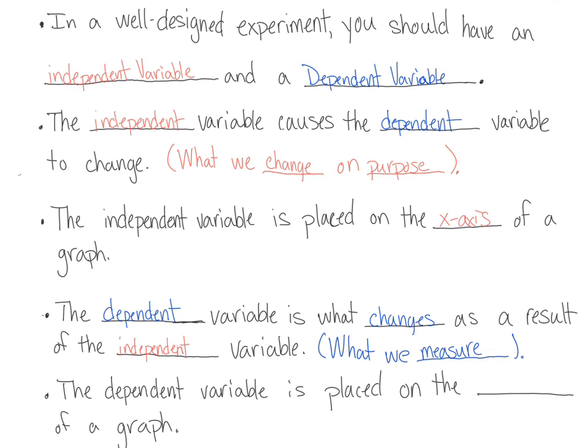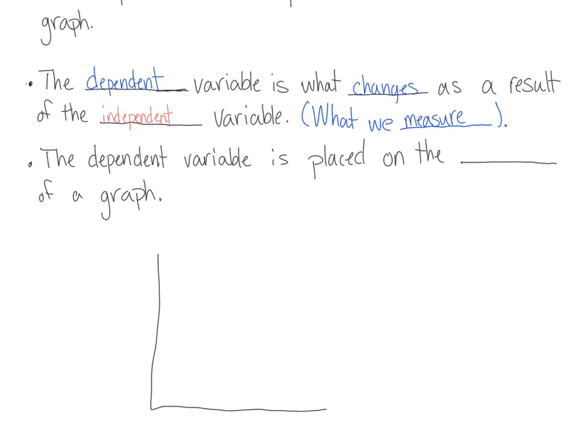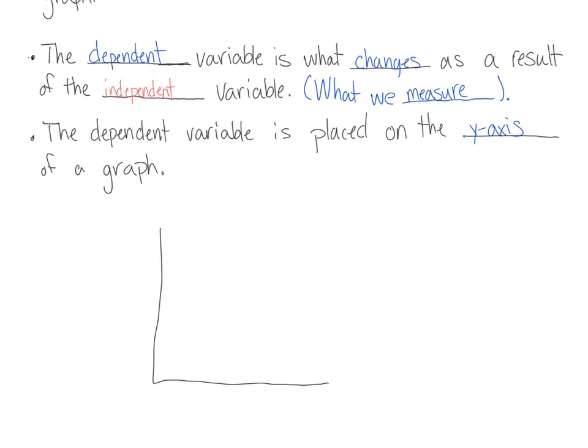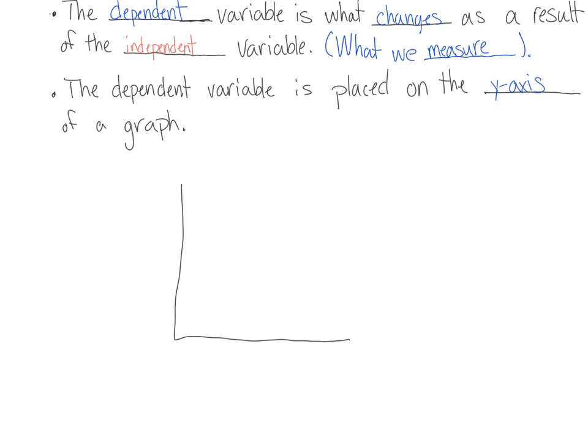When it comes to graphing, a dependent variable would be placed on the y-axis. If we're taking a look at this little graph that I drew down here, let's label those axes to help keep track of them. The x-axis is always the horizontal axis.